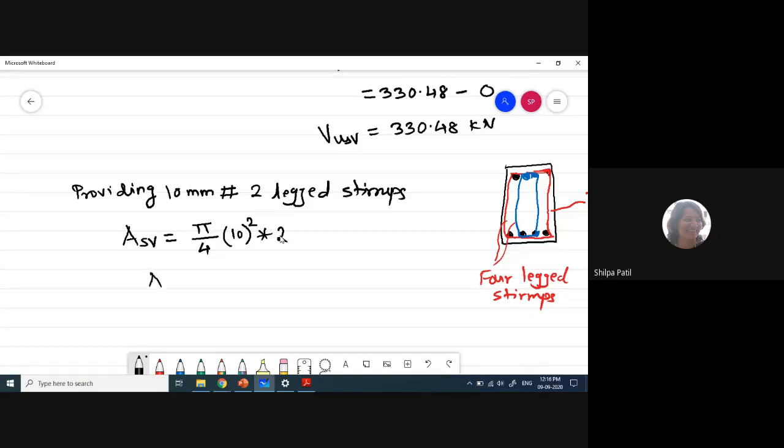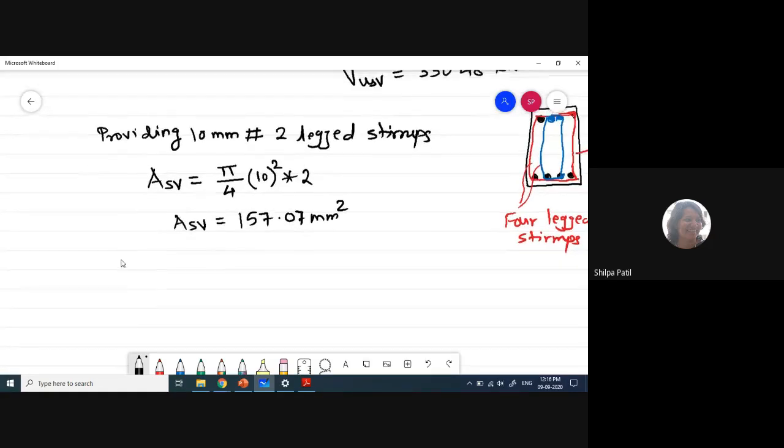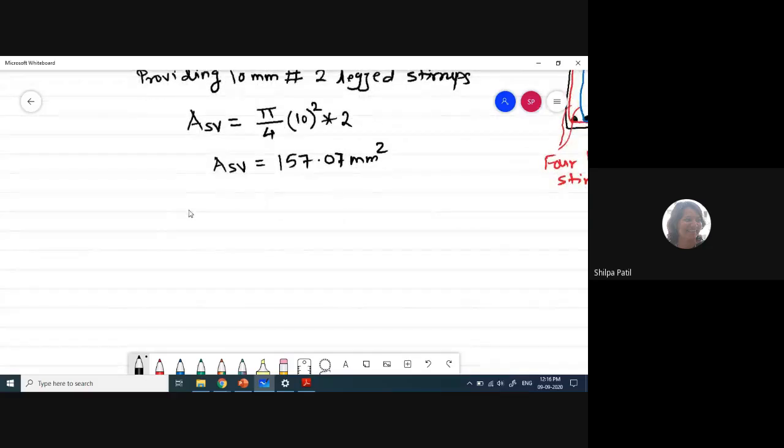What is the ASV value we are getting? 157.07 mm square. This is ASV, the area of the shear reinforcement or area of the stirrups.